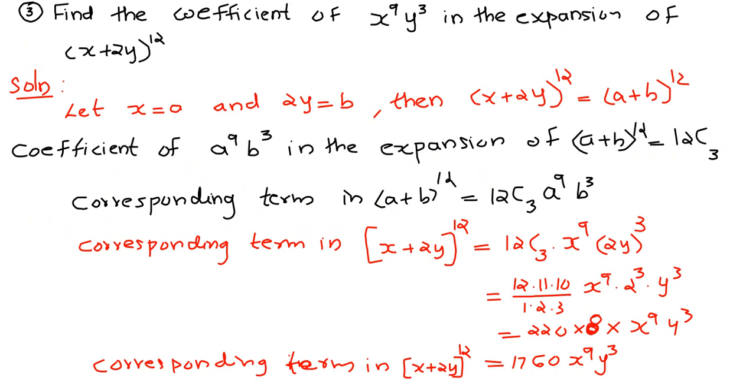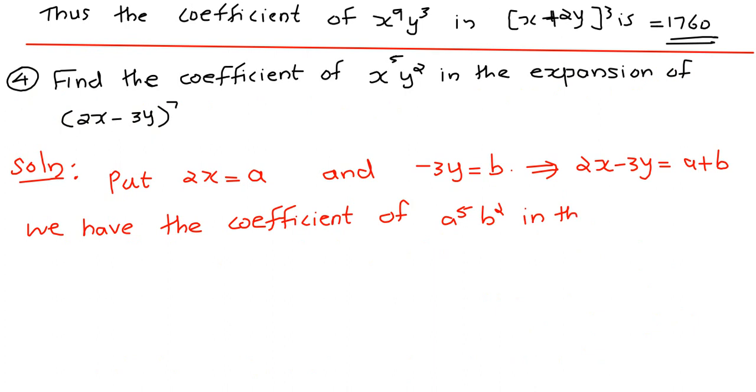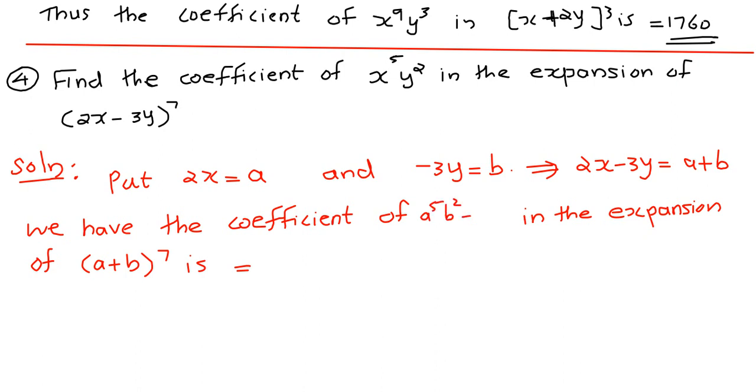In the expansion of (a plus b) the whole raised to 7, a raised to 5 b square എല്ലാവർക്കും അറിയുന്നതല്ലേ. a raised to 5 b square is equal to a raised to 7 minus 2 b raised to 2 ആണല്ലോ. നമുക്ക് അറിയുന്ന ഫോമിൽ, the coefficient of a raised to n minus k b raised to k in the expansion of (a plus b) the whole raised to n is nck എന്നറിയാം. അപ്പൊ ഇവിടെ 7c2, 7 into 6 by 1 into 2, so 21.